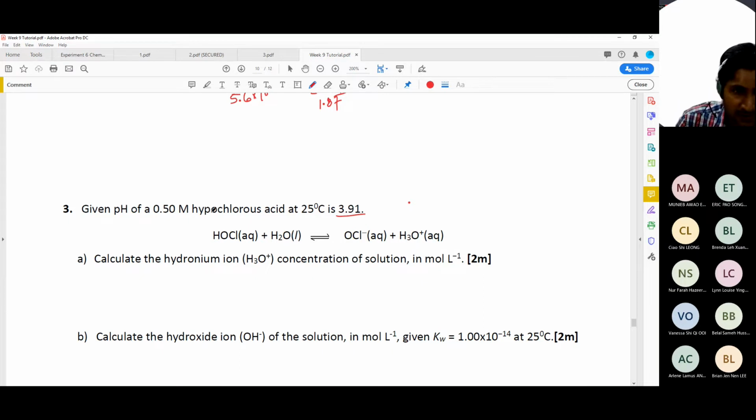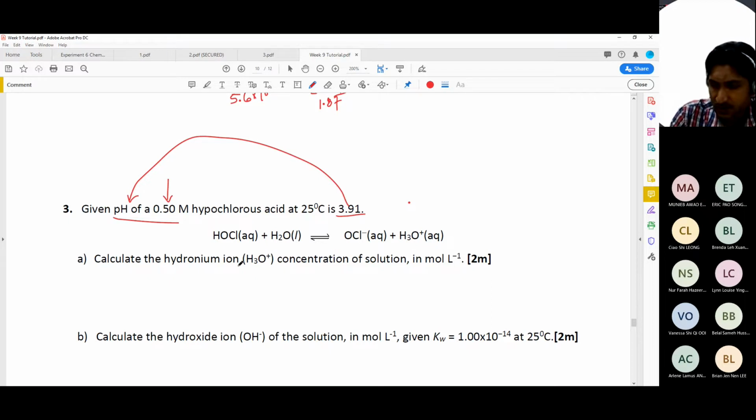If it is 0.5 molar hypochlorous acid, does it sound a bit contradictory that the pH is given and the concentration is also given? 3.91 is the pH, and the concentration of hypochlorous acid is 0.5 molar. So why is it so? Since we can find the concentration from pH, why is it so?